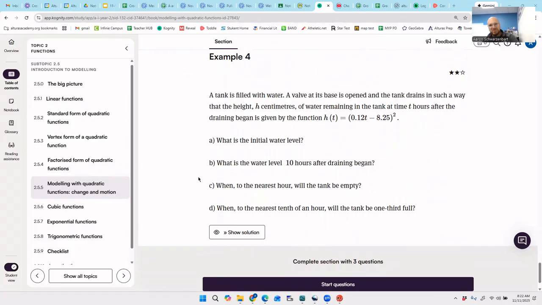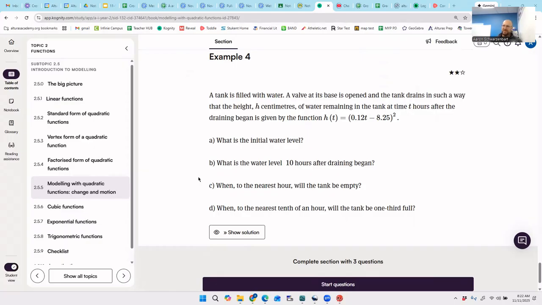Okay. Here we have a tank filled with water. The valve at its base is open, and the tank drains. The height in centimeters of water remaining in the tank at time t hours after the draining began is given by the formula h of t. So what is the initial level?